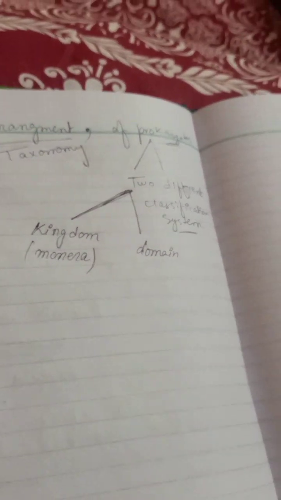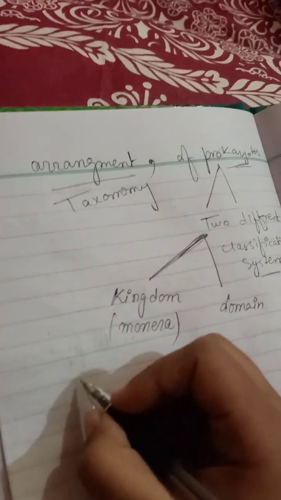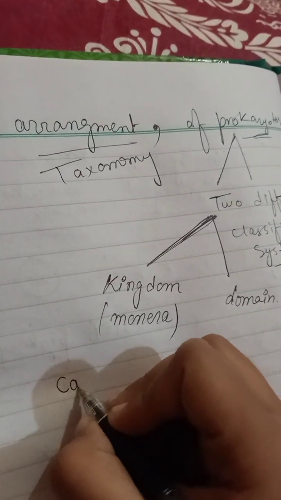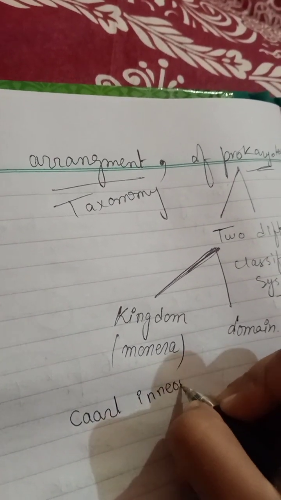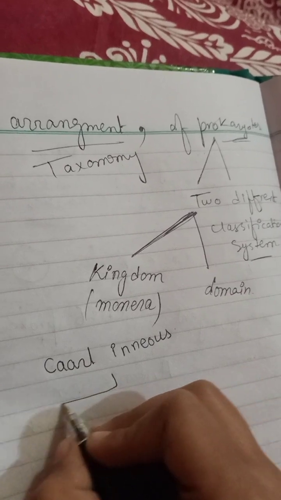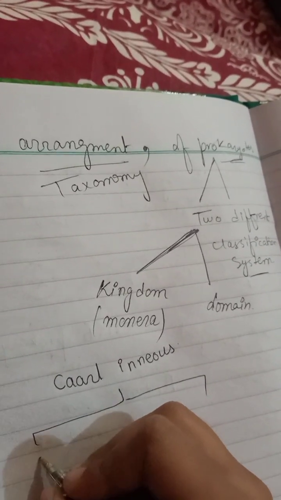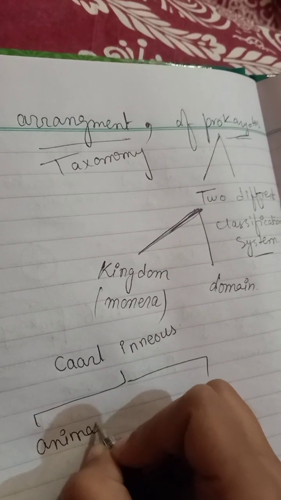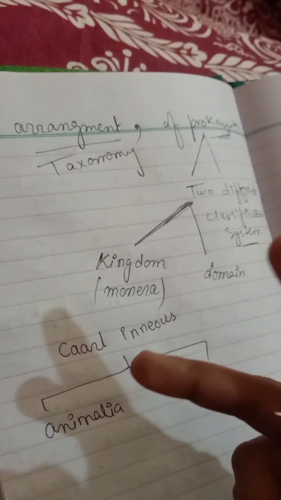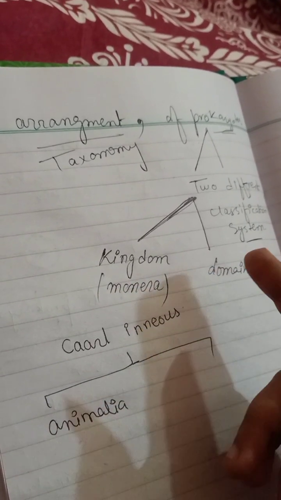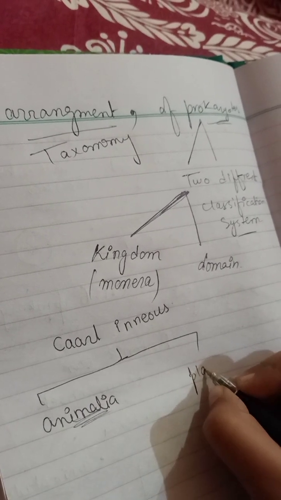If we talk about the two kingdom classification, there was a scientist whose name was Carl Linnaeus. He did the two kingdom classification, in the very starting, Animalia and Plantae.